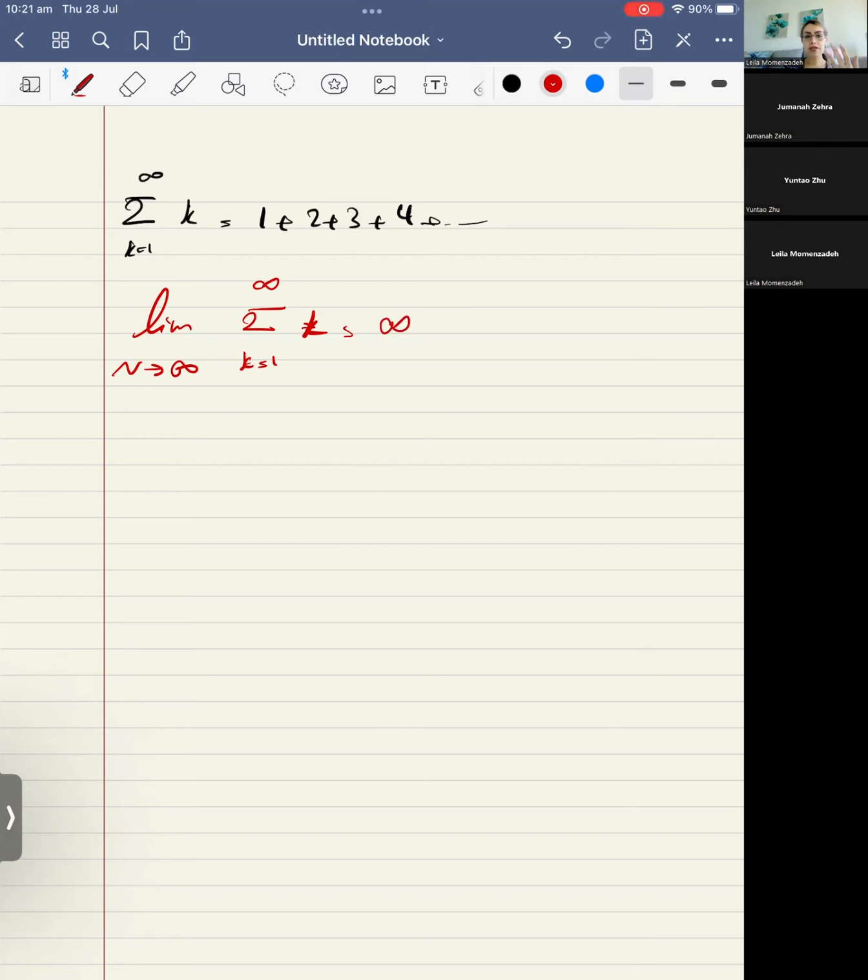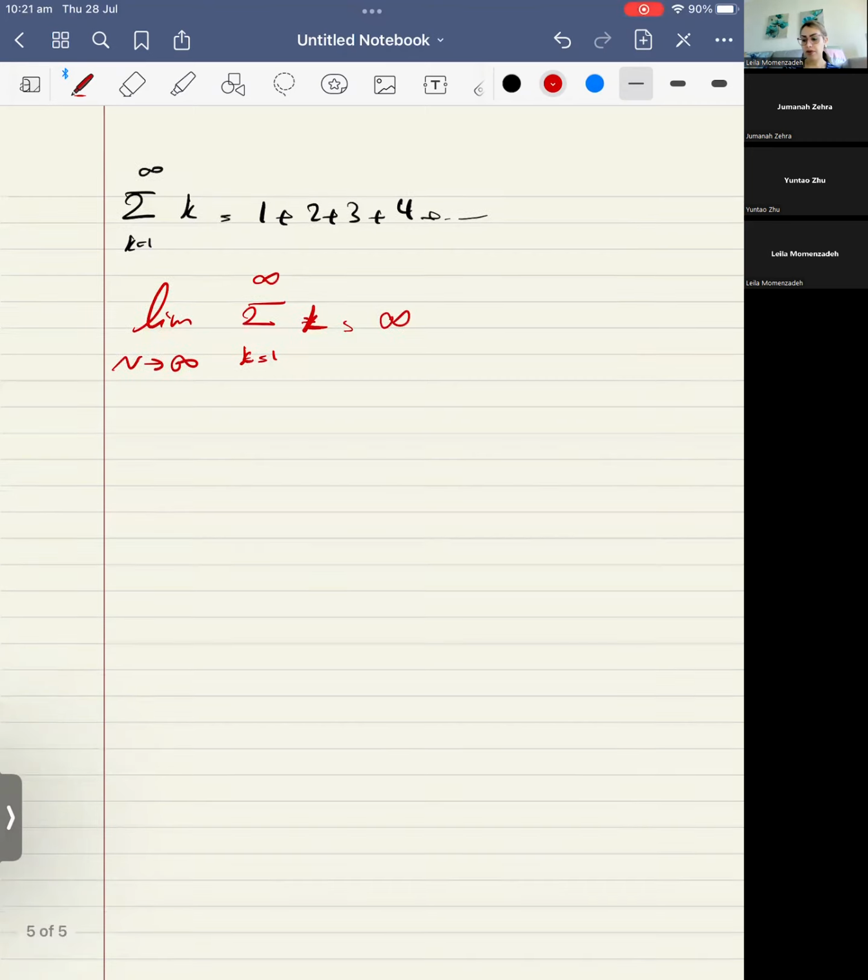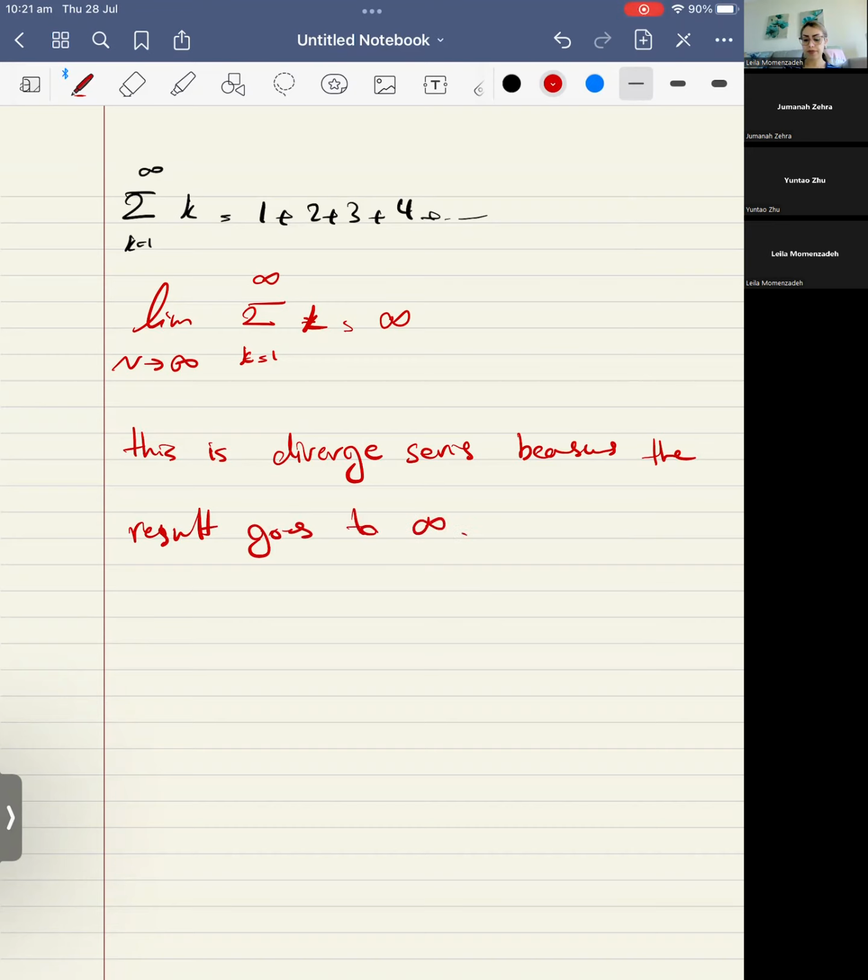But infinity does not converge, it diverges. I rewrite this as a divergent series because the result goes to infinity.